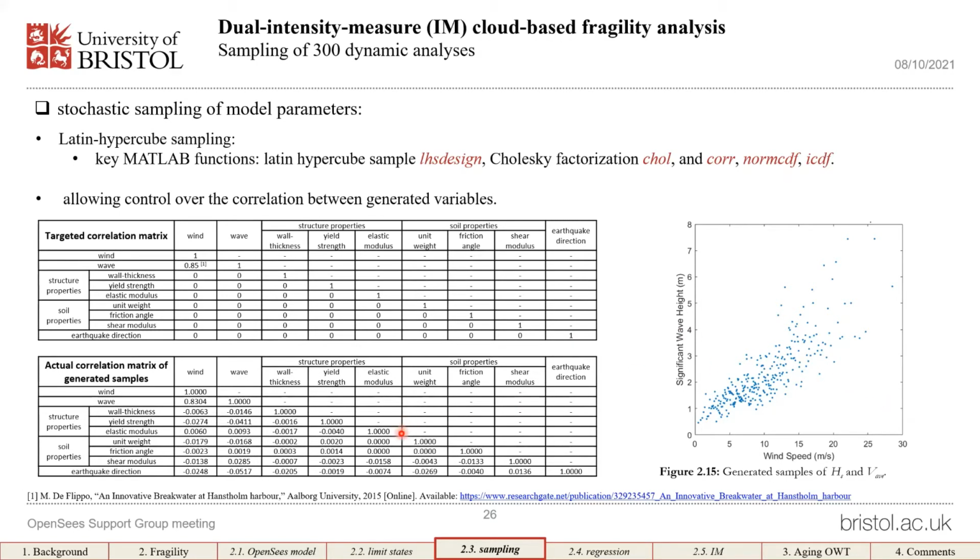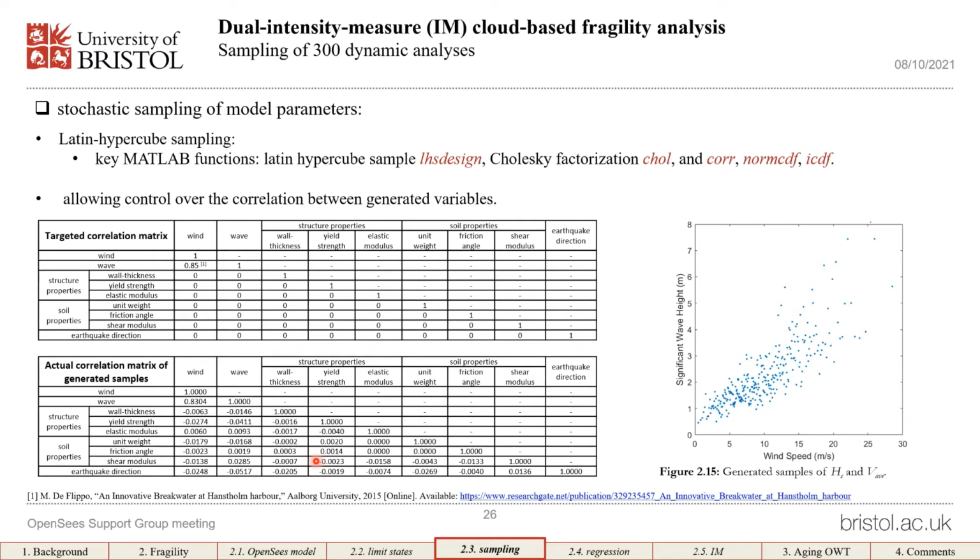And the table below shows the actual or the generated correlation matrix for 300 samples. So given the limited number of cases, these values are considered to be quite satisfactory.